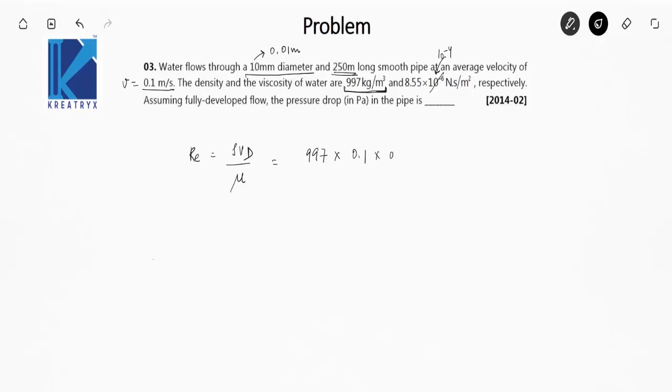D is 0.01 meters upon dynamic viscosity, that is 8.55 into 10 raised to power minus 4 Pascal second.